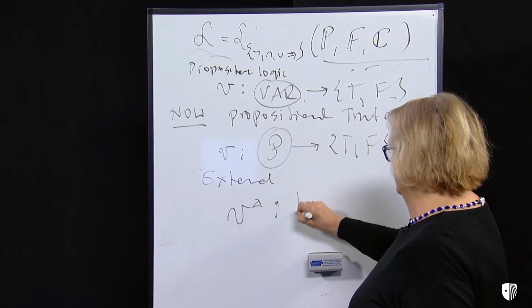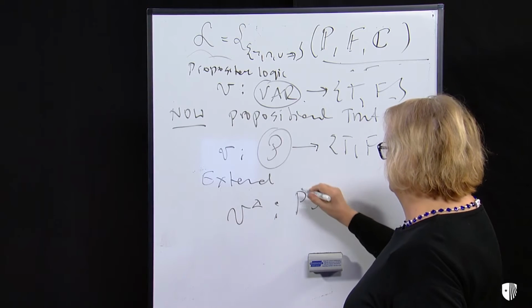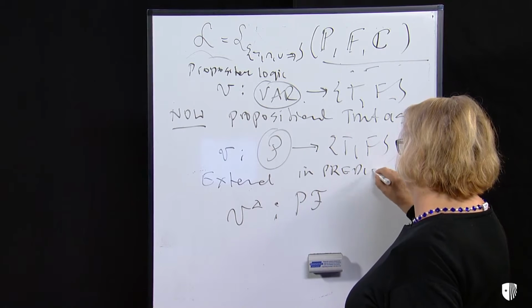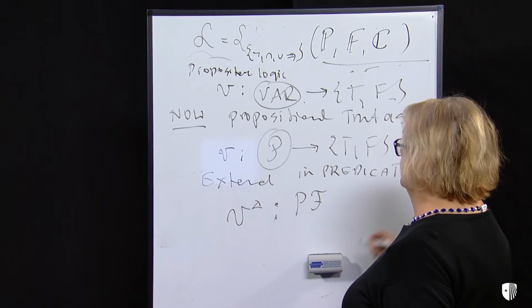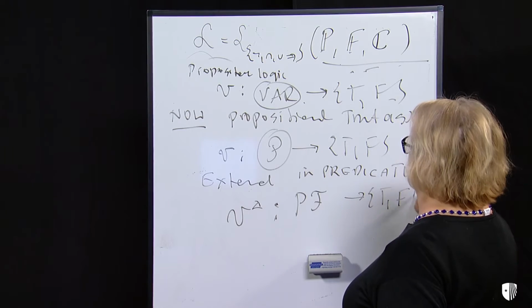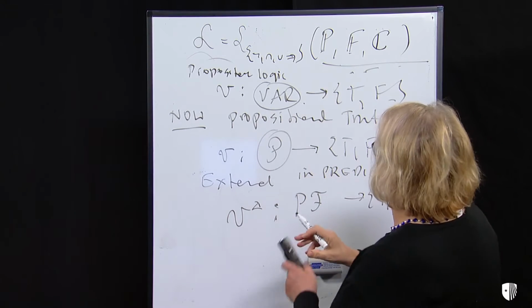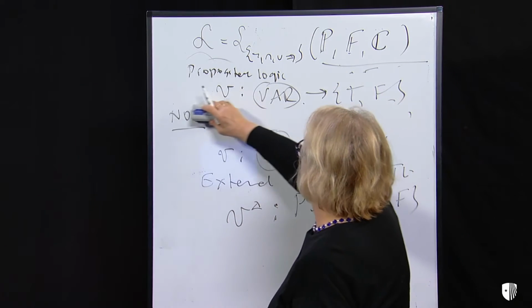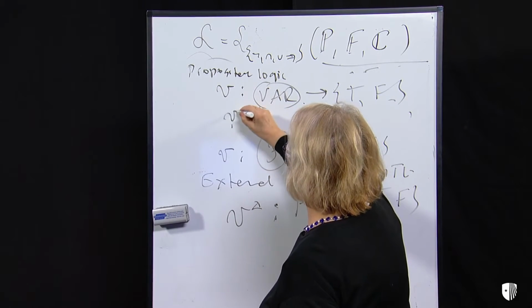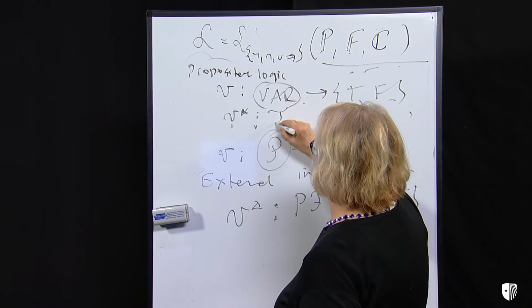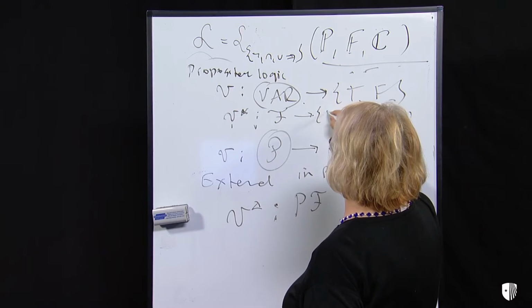I want PF, propositional formulas, because in the predicate language, in the propositional case, V star, we use the same notation, was the extension from propositional formulas into TF.